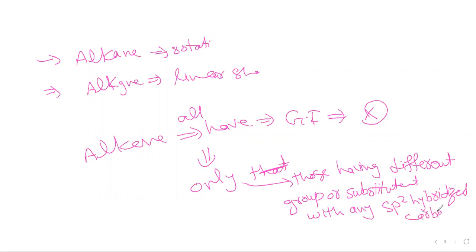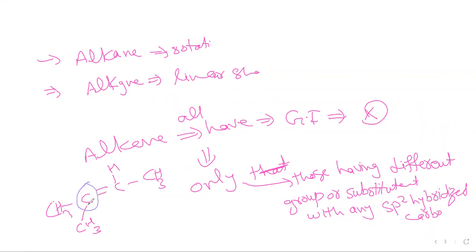So the rule is, if you have a long chain like this one, and you have two similar things like this, then this compound would not have geometric isomerism. Why?